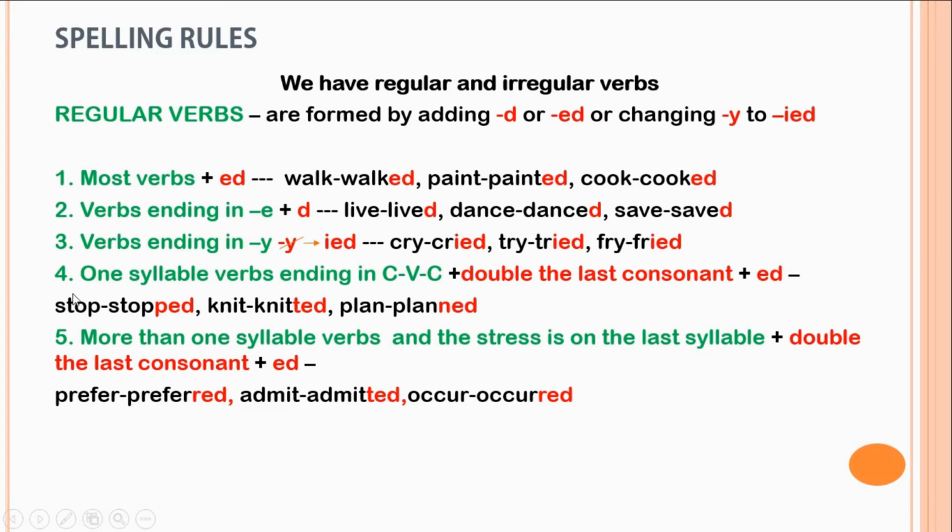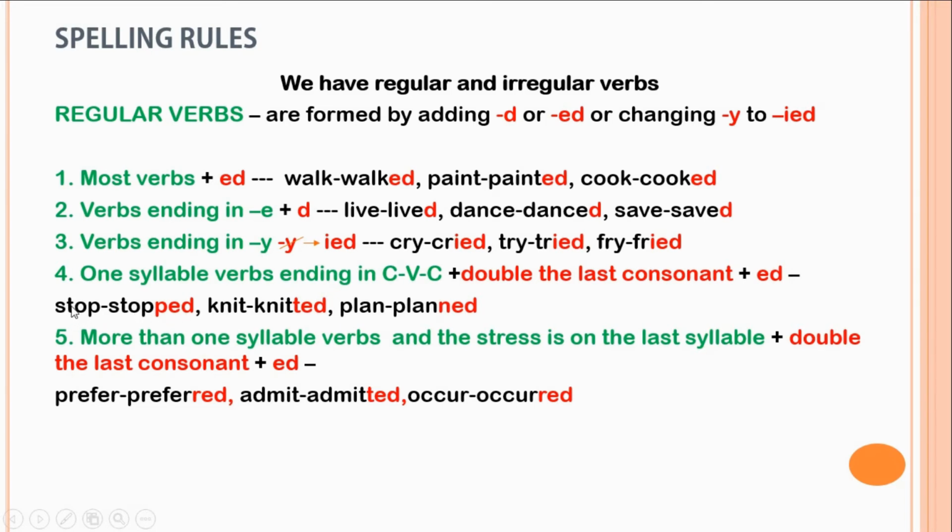For our rule number 4, remember, one-syllable verbs ending in CVC, and this stands for consonant, vowel, consonant, we double the last consonant plus ed. For example, stop becomes stopped.